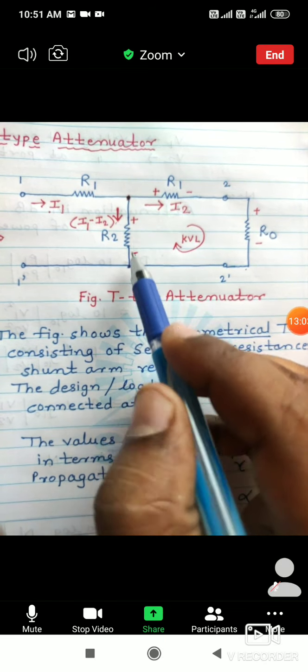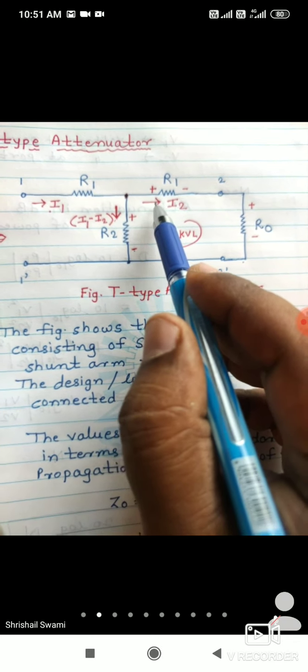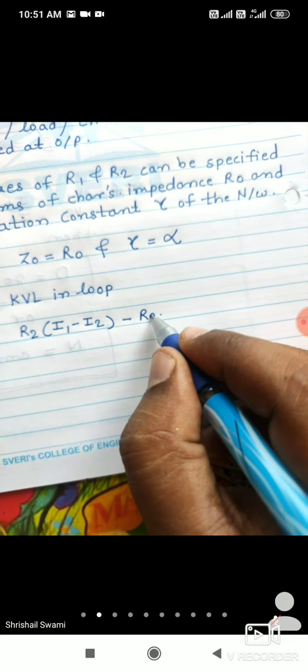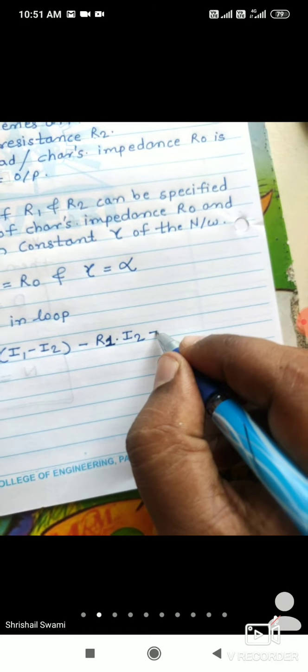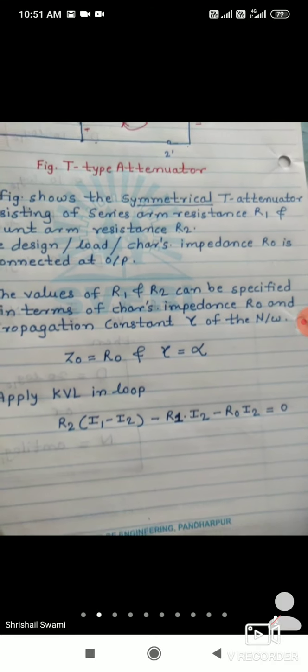Next, R1 into the current here, I2. Next come to here, so I2 again, plus is there, that's why minus. So R0 into I2, minus R0 into I2 is equal to 0. So the loop is over, equal to 0.